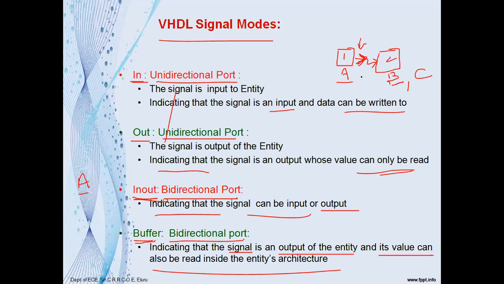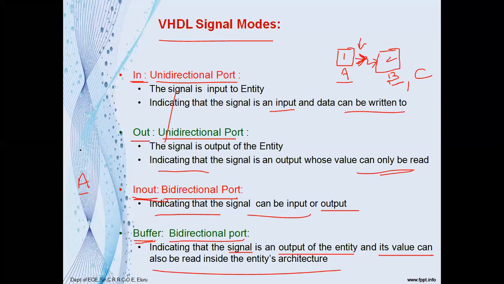Okay, so that is the VHDL signal modes. In the entity syntax, we have signal modes. There are 4 reserved modes. The signal can be an input signal, or it can be defined as an output signal, or as an input-output, or it can be defined as a buffer signal. When you define it as an input signal, it always takes the data, it accepts the data into the entity, so it is a unidirectional port.